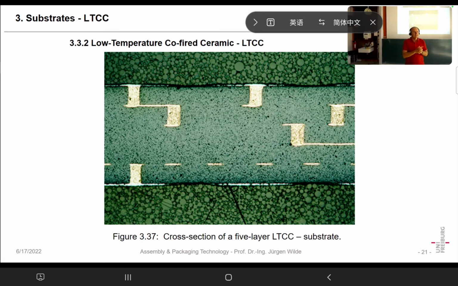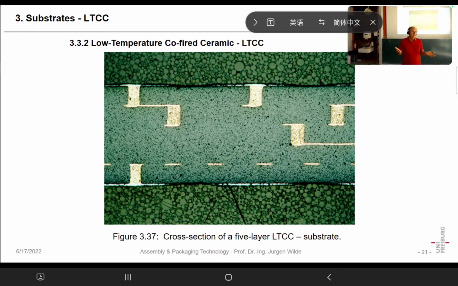And now the idea is, what if we develop a low temperature co-fired process? High temperature meant 1600 degrees centigrade. Low temperature means 850 degrees. So that has to be distinguished. Using low temperature, on the other hand, we can also use air for firing, which makes it significantly cheaper, but again, we need noble metals.